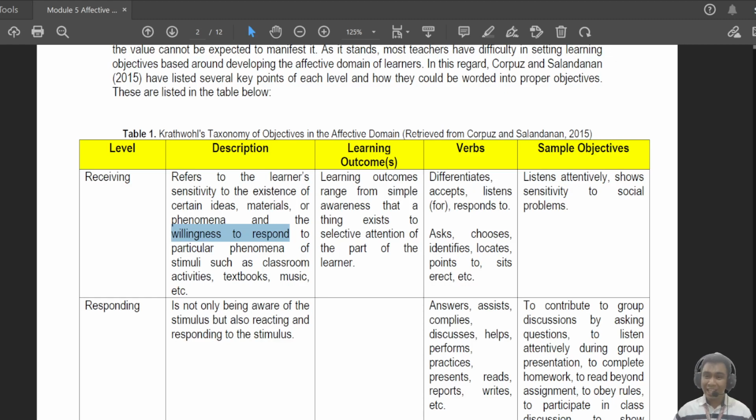But again, how do you measure if they're listening attentively? When they are looking at you? When they smile while listening to you? Or when there is a reaction? When the forehead is furrowed, does it mean they are not listening? When arms are crossed, does it mean they are not listening? So, you also have to ask these questions.